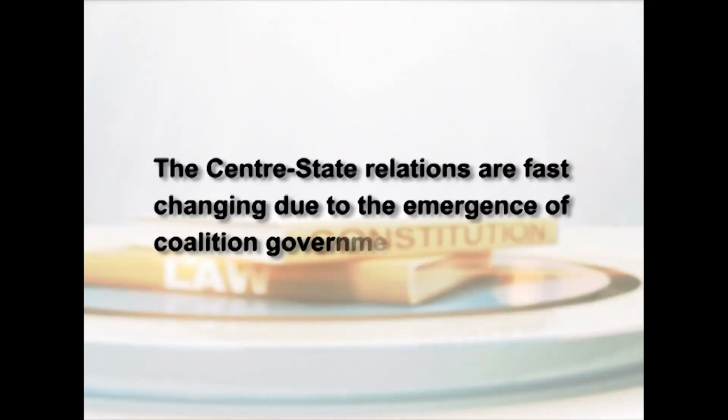However, the situation is fast changing due to the emergence of a history of coalition governments in India, because coalition governments are committed to grant more autonomy to states and to transfer the vast majority of centrally sponsored programs to state governments. And we have already seen that both the NDA and UPA governments had to surrender a number of times to the demands of the regional parties, especially when these regional parties are part of the central government, or at least are extending their support to the government.